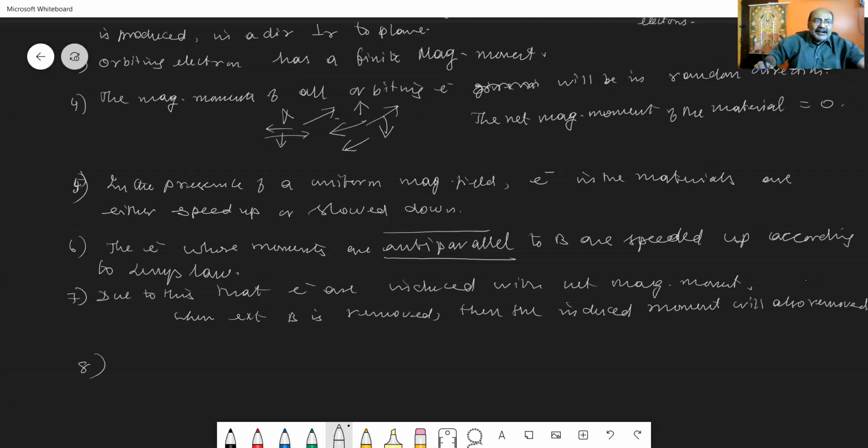What will happen if you place the material inside a non-uniform magnetic field?